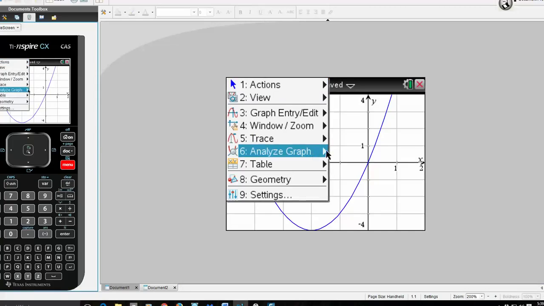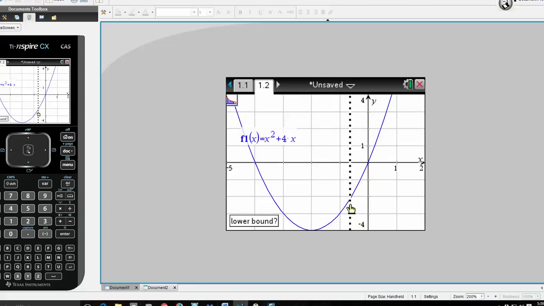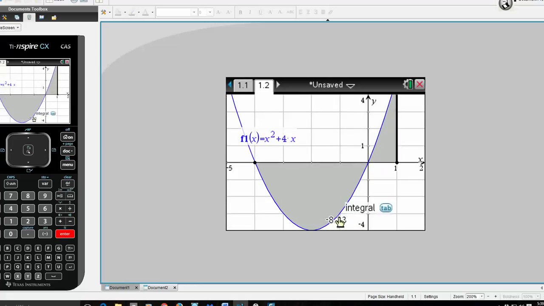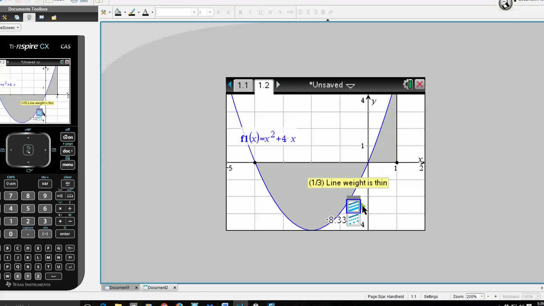Analyze graph. Integral, -4 to 1. Come on. Oh, that's not what I want. Attributes. Okay.